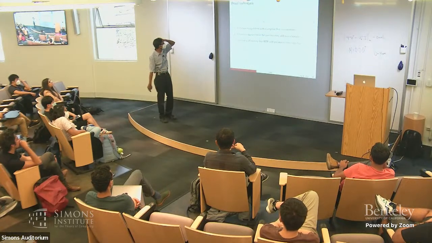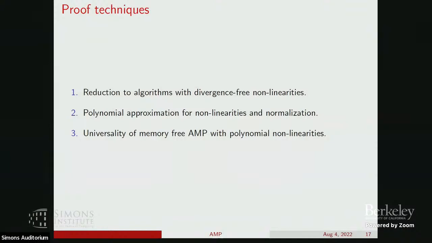Okay, so let me spend maybe the next 10 minutes giving you some ideas for the proof. The proof essentially has three steps, of which I think the third step is the real challenge.